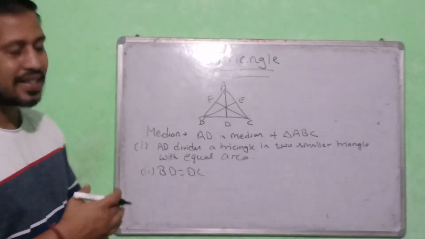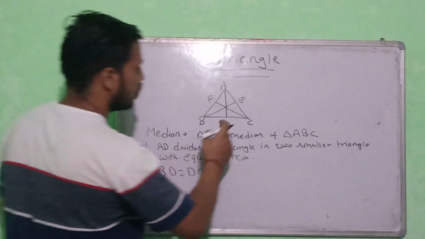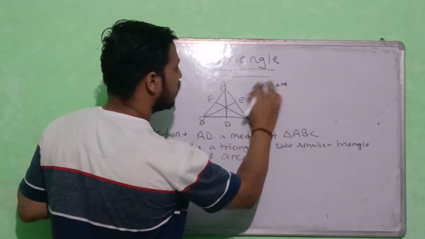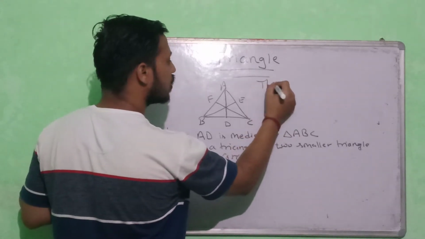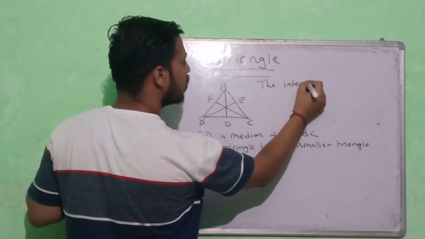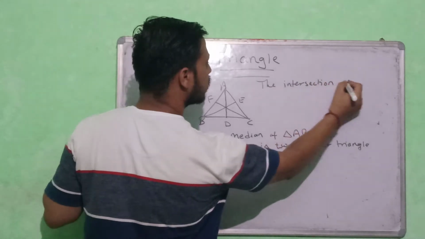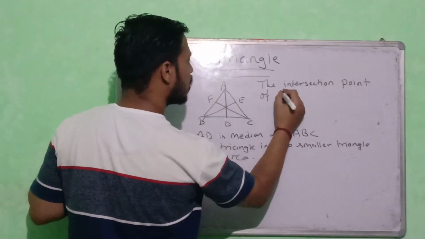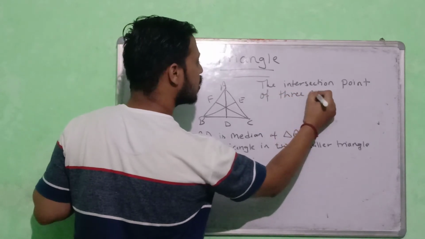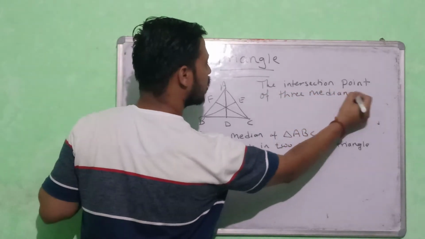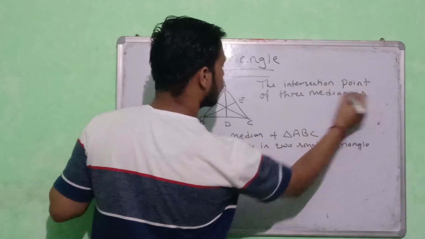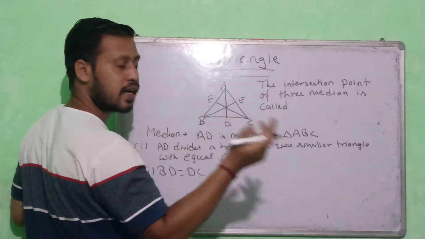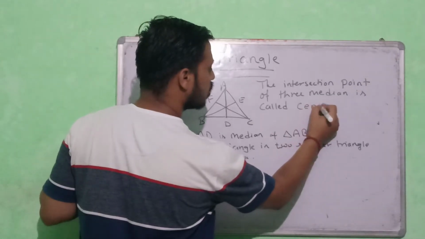Where these three medians intersect, the intersection point of the three medians, is called the centroid.